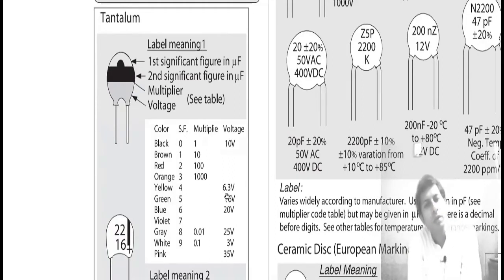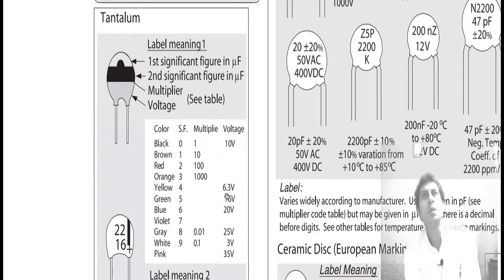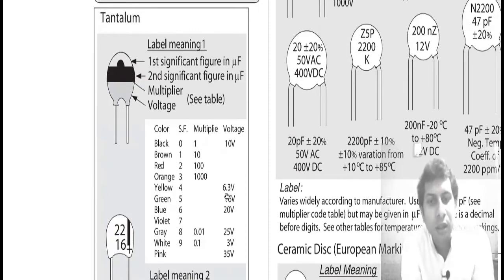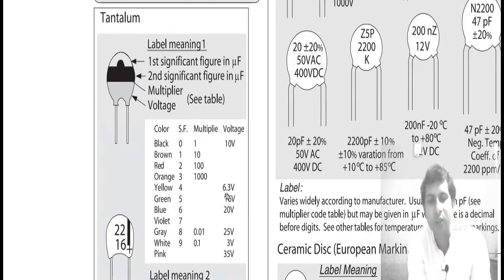That means wherever we want to use a capacitor in tantalum form and the lower portion color is yellow, that means there should be at max 6.3 volt flowing in the circuit. अगर इससे ज़्यादा voltage अगर flow करती है 10 volt, 15 volt, 25 volts, etc., then in that case you don't use this yellow color marked tantalum capacitor, because its capacity to hold voltage is 6.3 volts.